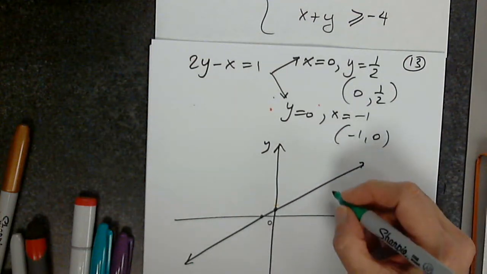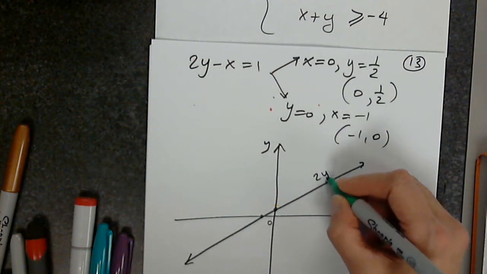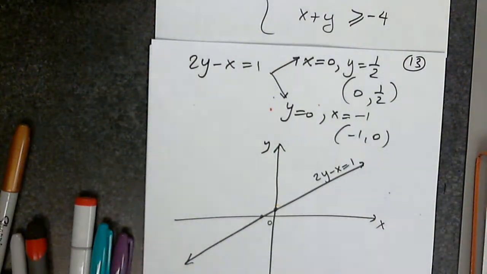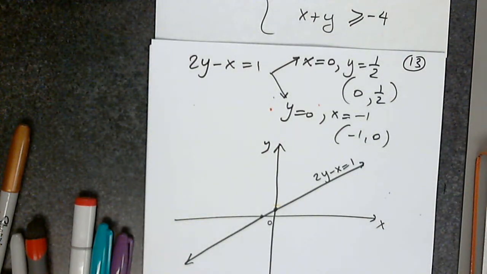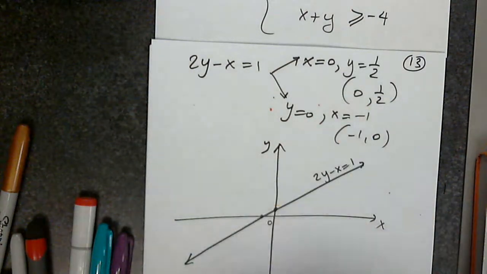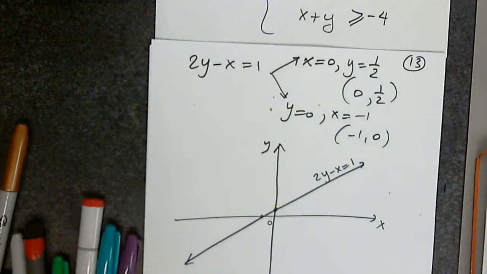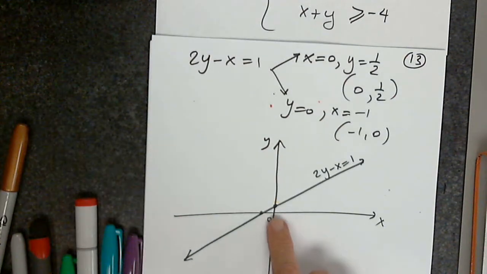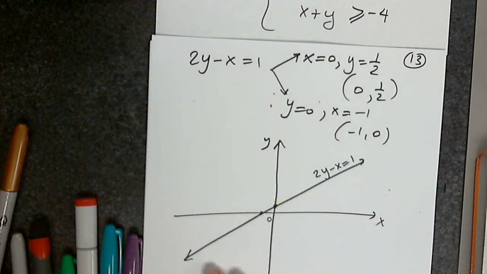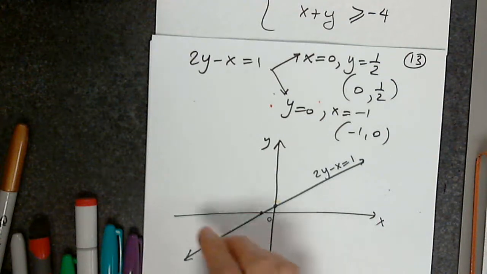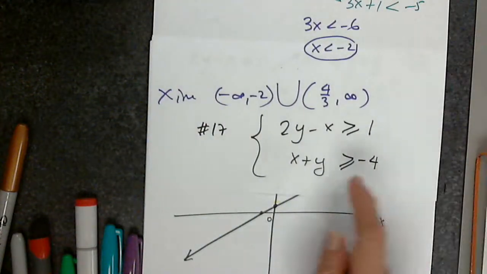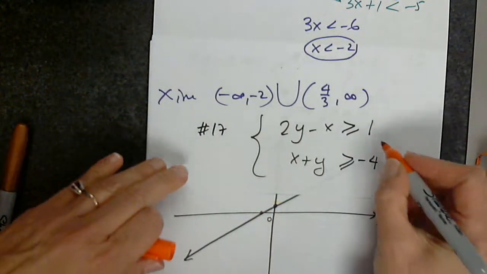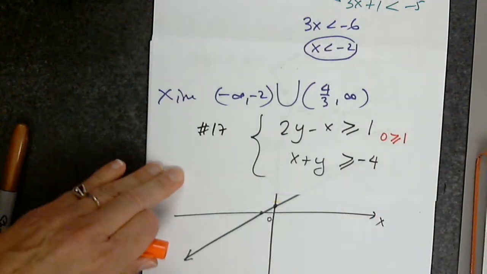I write on the equation, on the line, I write 2y minus x equals 1. Notice that I did not write the inequality. I wrote the equation. I see that this line divides the entire plane into two regions. So I will be using the origin, and then I remember that I will check the lower part. So come back to the inequality. 0, 0. Is 0 greater than or equal to 1?